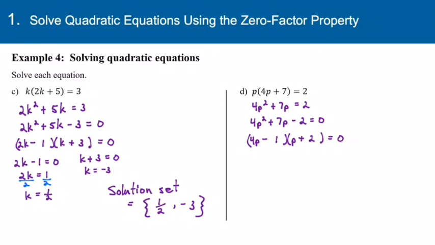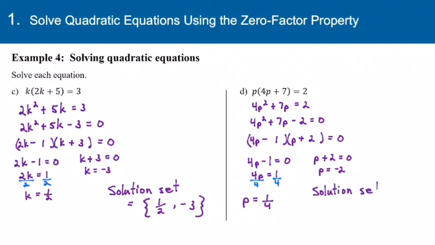So either 4p minus 1 has to be 0, or p plus 2 has to be 0. If 4p minus 1 equals 0, that means 4p equals 1, and dividing both sides by 4, that means p equals 1/4. On the other factor, if p plus 2 equals 0, then p equals negative 2. So for this equation, our two solutions are 1/4 and negative 2.